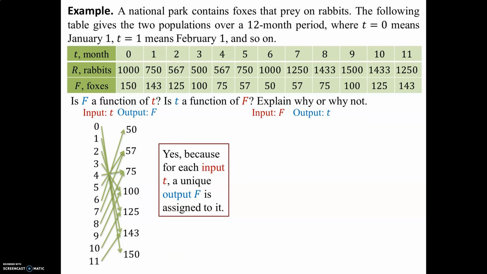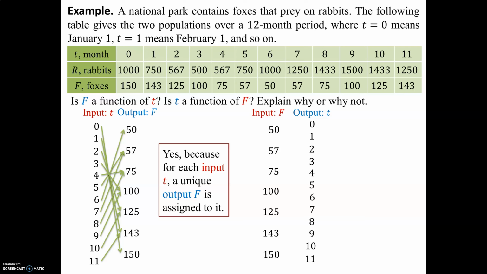Let's list out the number of foxes as our input values without repetition: 50, 57, 75, 100, 125, 143, 150. Let's list out the number of months without repetition: 0, 1, 2, 3, 4, 5, 6, 7, 8, 9, 10, 11.